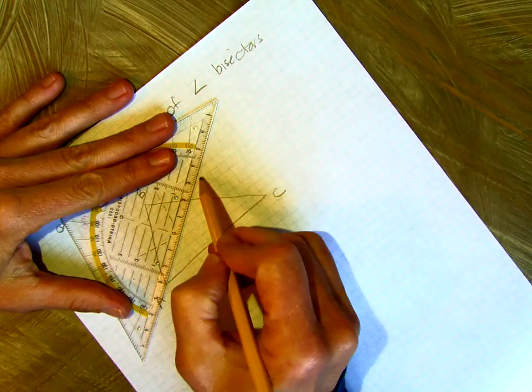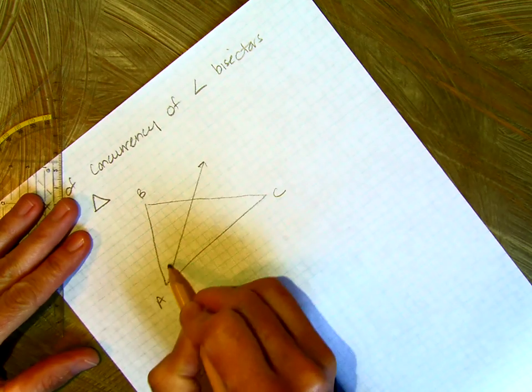equidistant from the sides. So again, I'm going to kind of free-draw the angle bisectors.